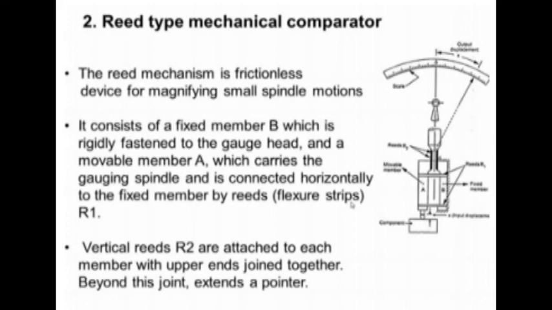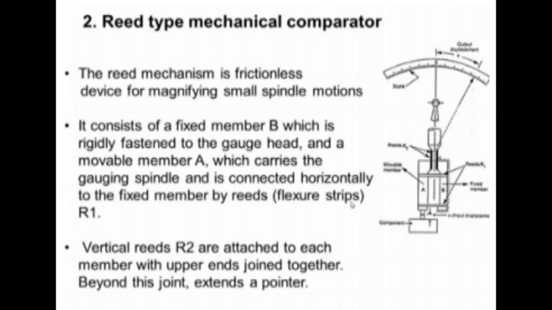So a linear motion of the spindle moves the floating block vertically, causing the vertical reed on the floating block to slide past the vertical reed on the fixed block. Now, as these two vertical reeds are joined at the upper end, instead of slipping, the movement causes both the reeds to swing through an arc, and the pointer swings through a much wider distance.